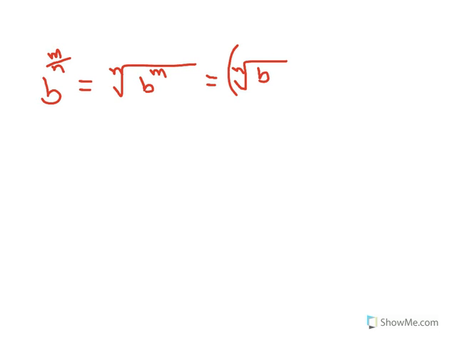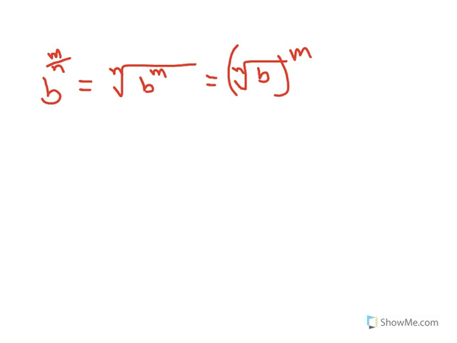Another definition, b to the m divided by n is equivalent to the nth root of b to the m, which is equivalent to the nth root of b, then raised to the m.